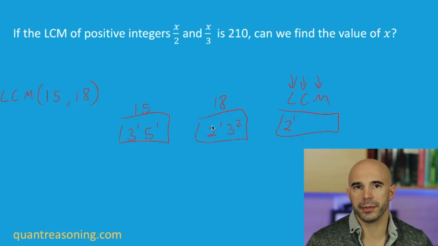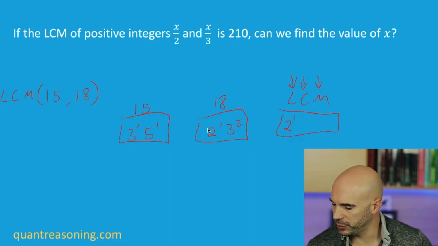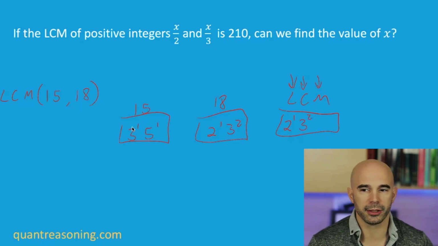But what's the minimum number of 3's that are necessary in order for this box to be a multiple of each of those numbers? Two. Exactly. Two 3's would be enough. In fact, it would be more than enough to be a multiple of 15, but it would be just enough to be a multiple of 18. So it's the minimum number of 3's that would make me a multiple of each of those numbers.